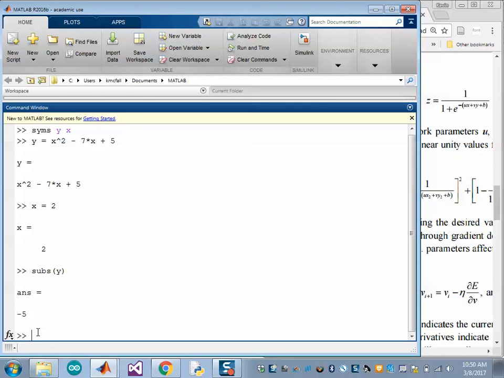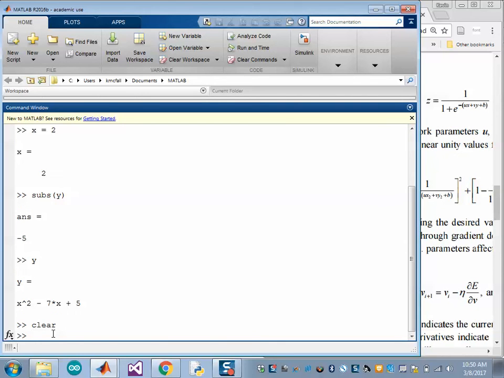What subs will do is it'll look and see of all the things that y depends on, if x is a double, it will replace that number in there and reevaluate the symbolic expression. Okay, so it's time to go, but let me do one more thing.